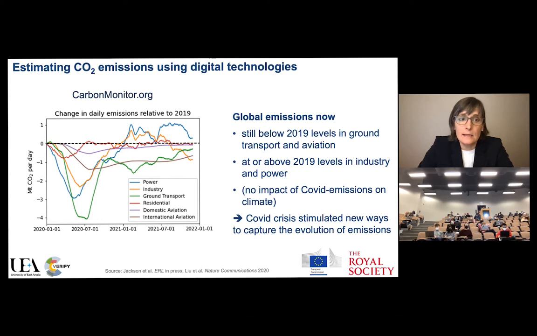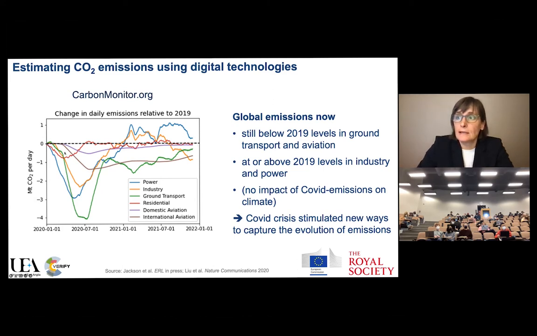And the latest that they're able to show in this paper that is coming out in ERL very soon is that if you look at the sector level here, this is 2 years, January 2020 until January just now, 2022.